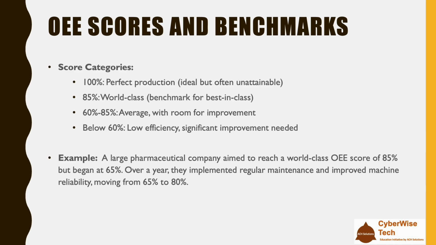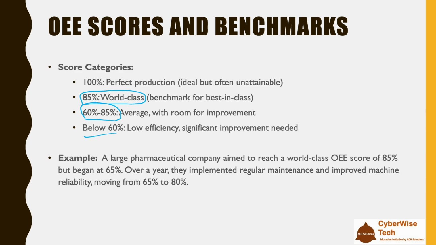Now, OEE scores fall into clear categories. A world-class OEE score is around 85%. This is the industry standard, and it is called world class if you can achieve this. Most factories operate between 60% and 85% efficiency in OEE.